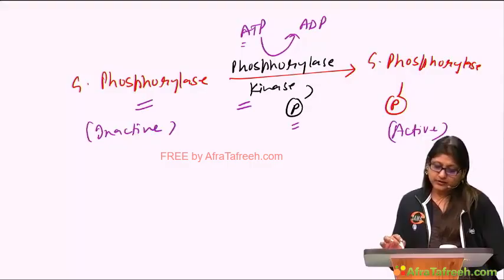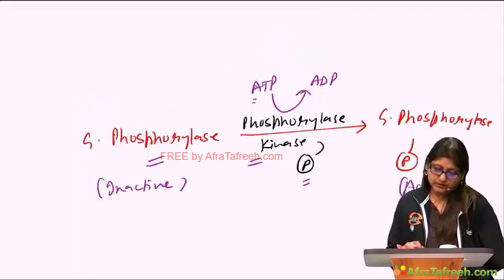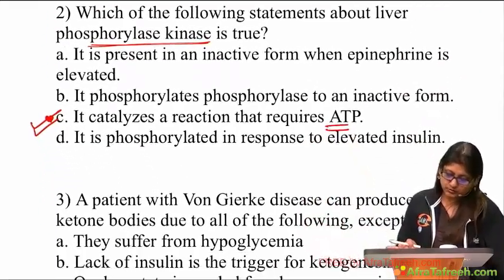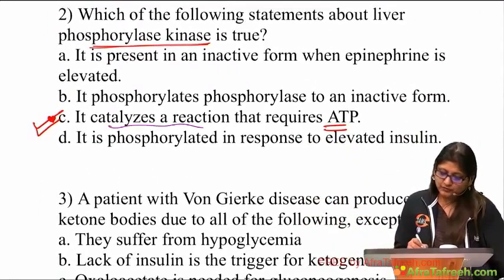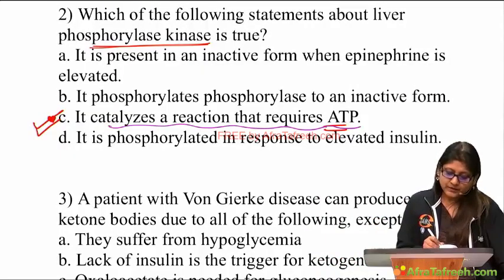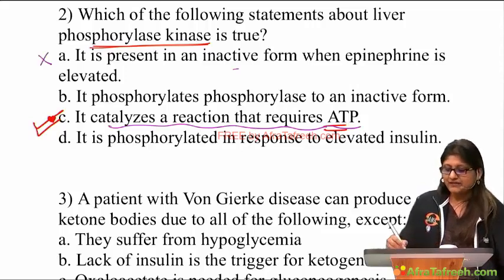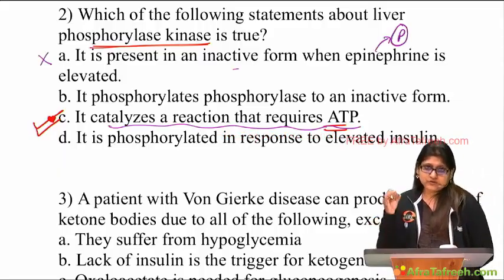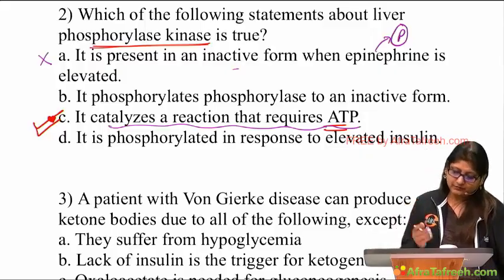Now let's see the question. Where's the question? Okay, this is the question. What is true? It catalyzes a reaction which needs ATP is the correct statement. All others are wrong here. It is present in the inactive form when epinephrine is elevated. See, when epinephrine is there, there will be phosphorylation of proteins, right? So that time it is going to activate the phosphorylase kinase.